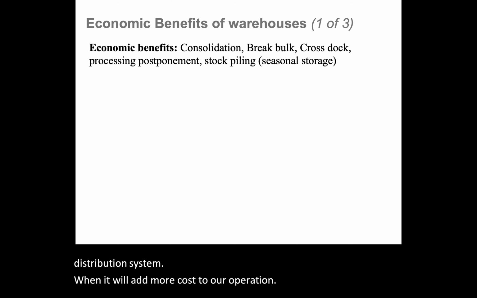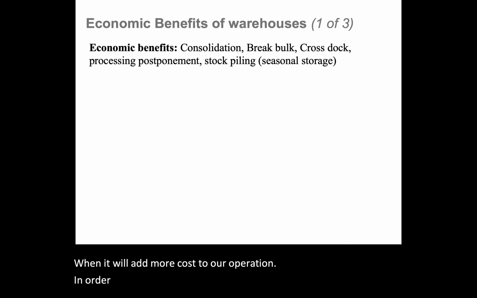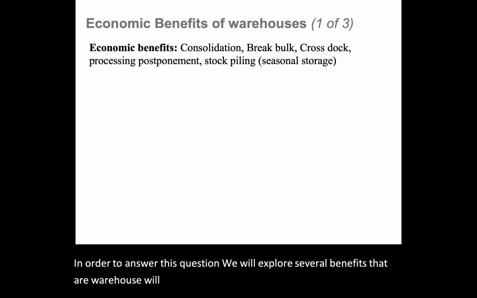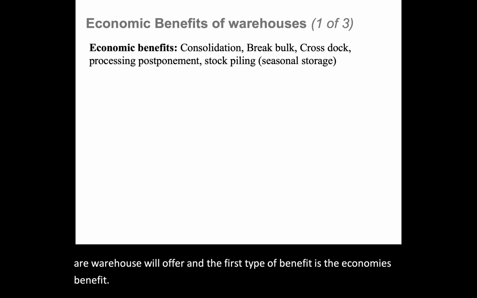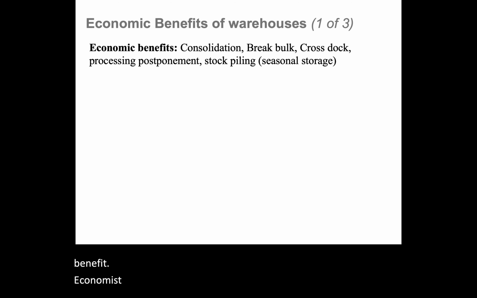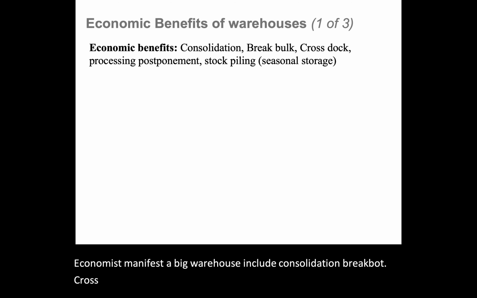In order to answer that question, we will explore several benefits that a warehouse will offer. And the first type of benefit is the economic benefits. Economic benefits of a warehouse include consolidation, break bulk, cross dock, processing postponement, and stockpiling.